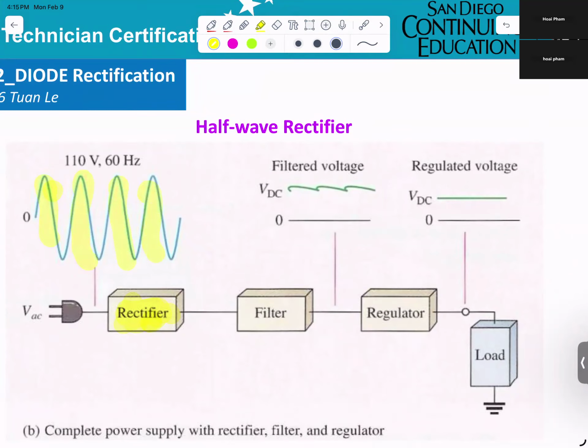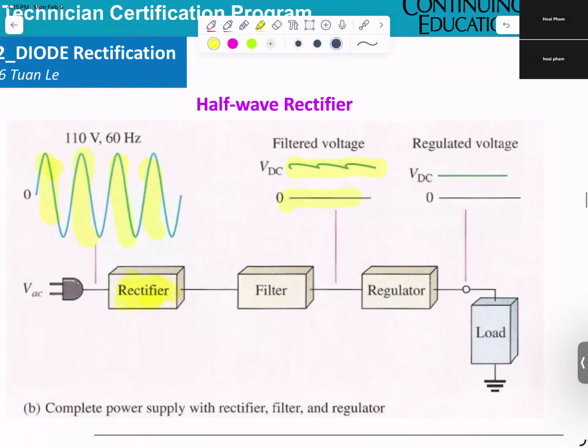Okay, so they go to the filter. Basically you can see this signal, 0 volt, filter. Complete power supply with rectifier, you get filter and regulator.